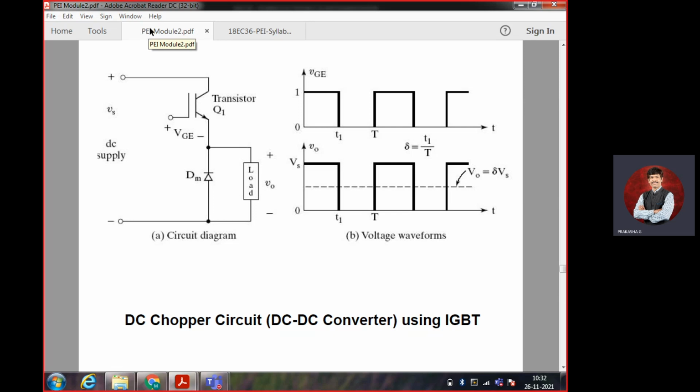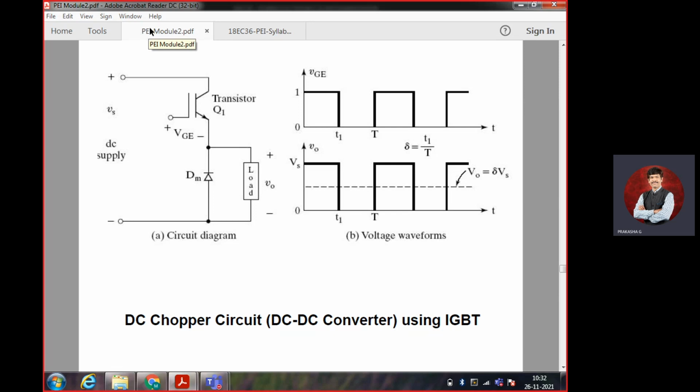If you want to know the average voltage, that is the output voltage, in this particular circuit which uses a transistor or any switching device, I am having T on and T off, T on, T off. I am getting some voltage when it is on, some voltage when it is off. It may be high, it may be 0. I don't know what it's going to be. So I need to know the average voltage across the load.